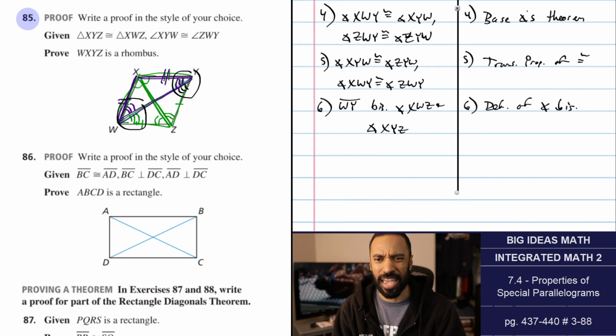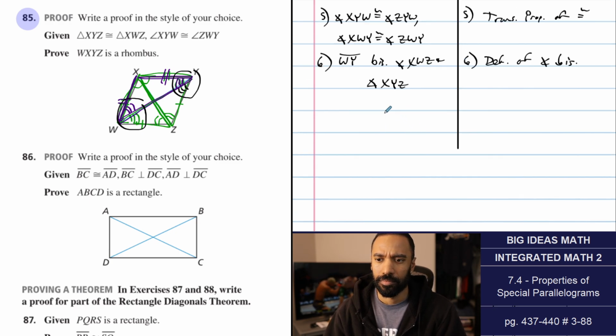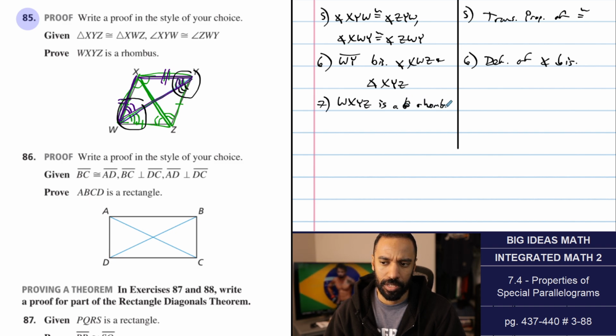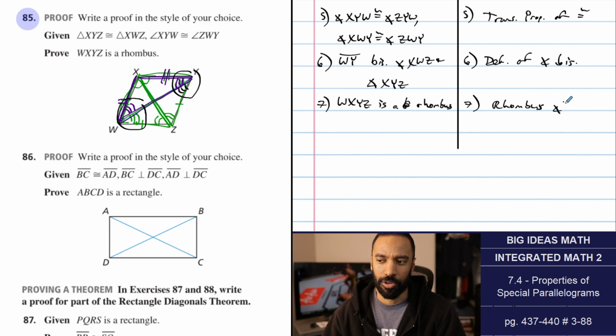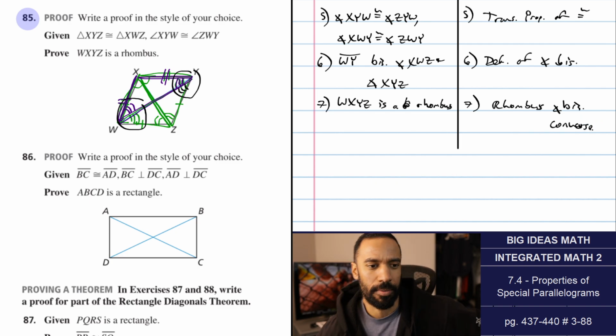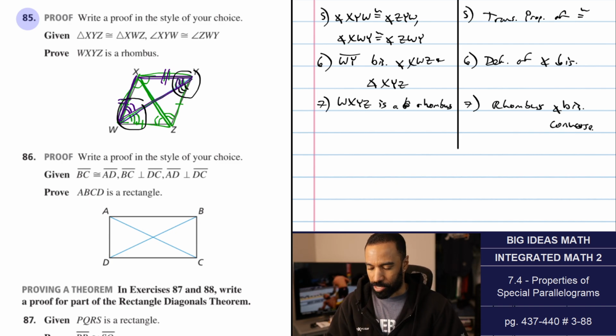It's the rhombus angle bisector converse. WXYZ is a rhombus. I forget its name. Angle bisector converse. Once I know that I have angle bisectors in there, then I know that it's a rhombus, based off the quadrilateral stuff.